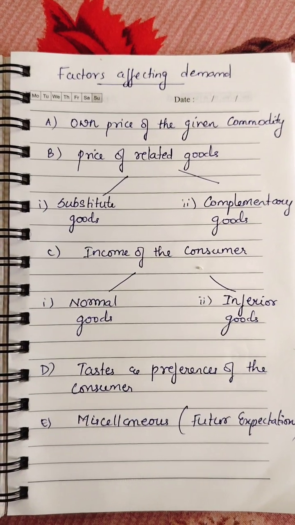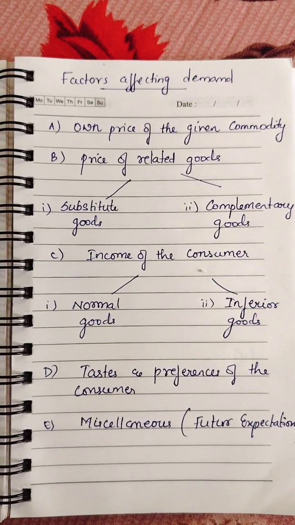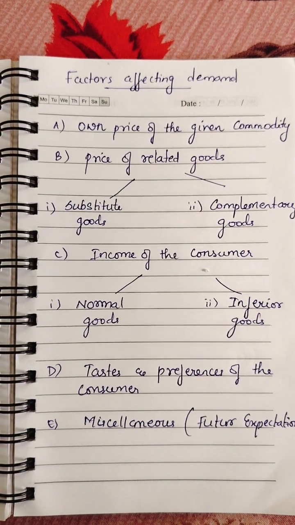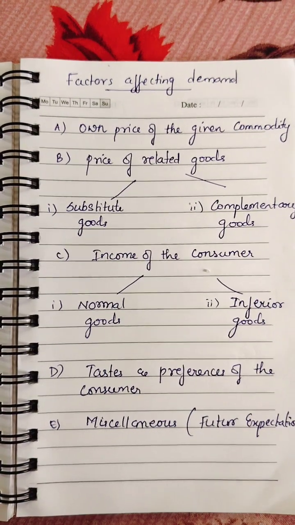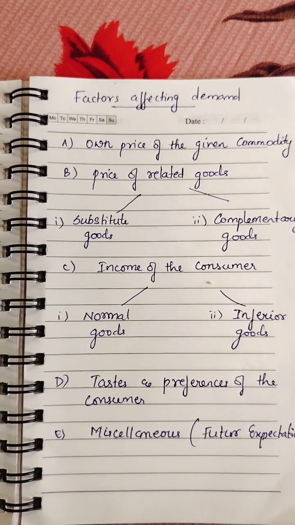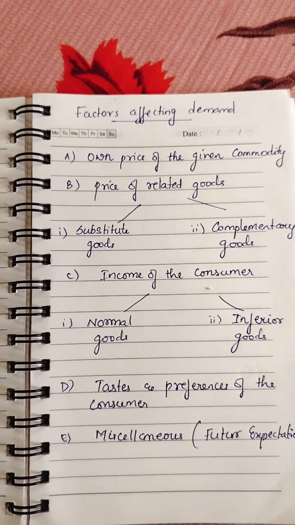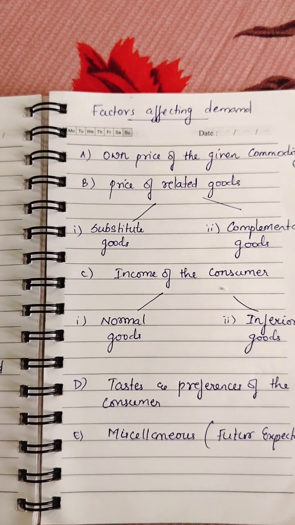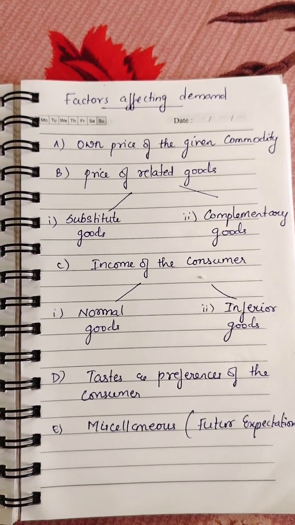Suppose the price of tea increases, the demand for coffee will increase. If the price of tea decreases, the demand for coffee will fall. It's a simple thing: if the given commodity's price increases, people will obviously go for another alternative commodity. So this is the concept.